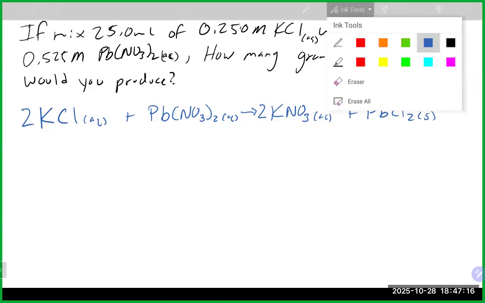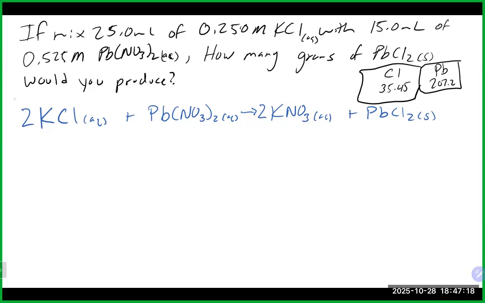Next thing is after we have the equation, we want to take whatever they gave us and convert to moles. So we know we have 25 milliliters of our KCl, and it has a molarity of 0.25 molar. We also know that I have 15 milliliters here of my lead II nitrate. It has a molarity of 0.525 molar.